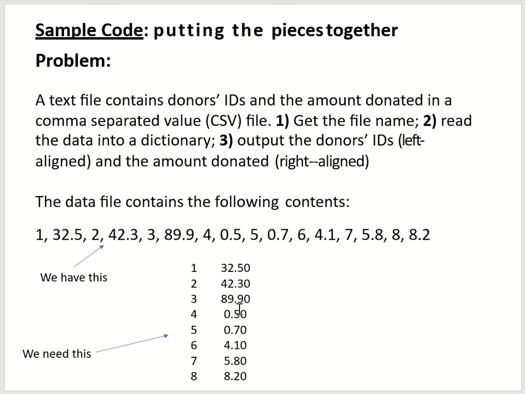Well, actually, in this example they're centered here. So here's the data file. It looks a little bit like the one with the school IDs in the homework assignment, and then the amount that they donated.